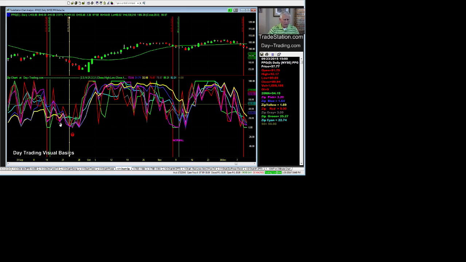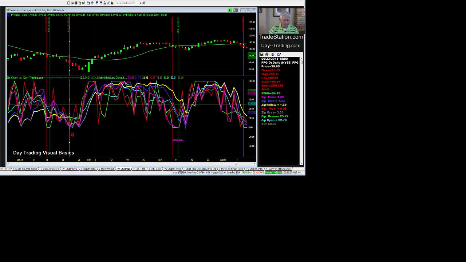And when all the lines are under the 50 on the zip chart, you know you're in a downtrend. And so then you go to this, where the yellow line is right there, and you got zip blue at 1.64. And it's not under 1.